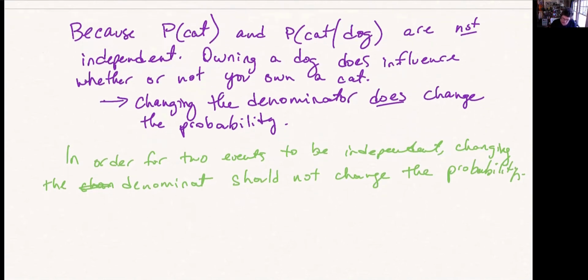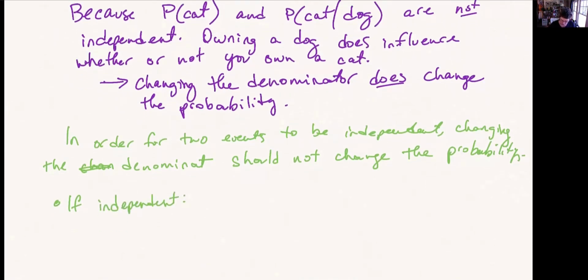Formally, if two events are independent, that means the probability of A is going to equal the probability of A given B. And you see this denominator is different because with the probability of A, my denominator is the total, whereas with the probability of A given B, the probability is out of just B.